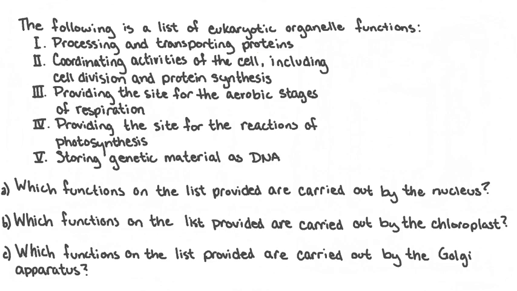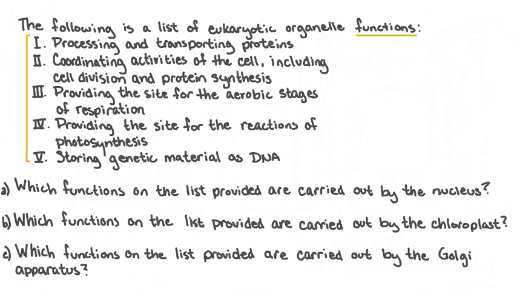Providing the site for the reactions of photosynthesis. 5. Storing genetic material as DNA. Which functions on the list provided are carried out by the nucleus? Which functions on the list provided are carried out by the chloroplast? Which functions on the list provided are carried out by the Golgi apparatus?